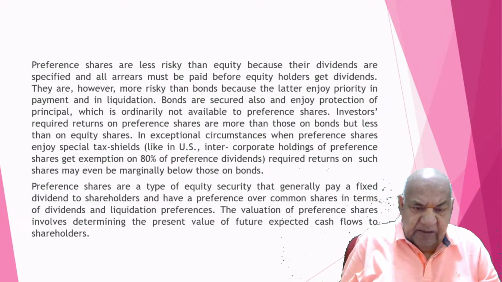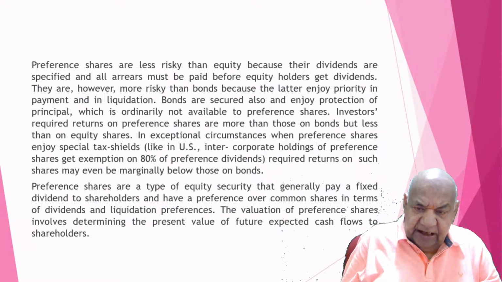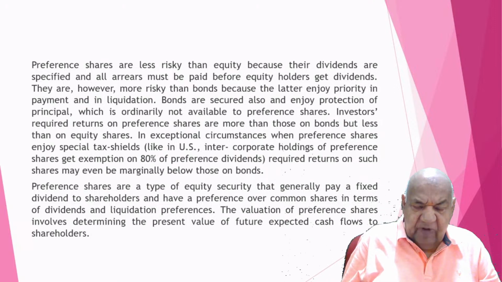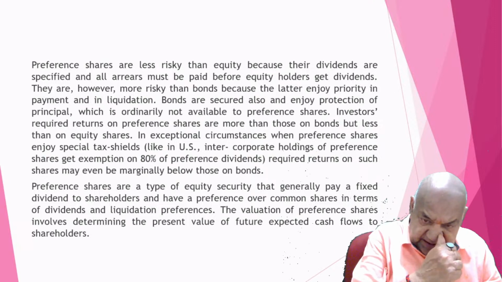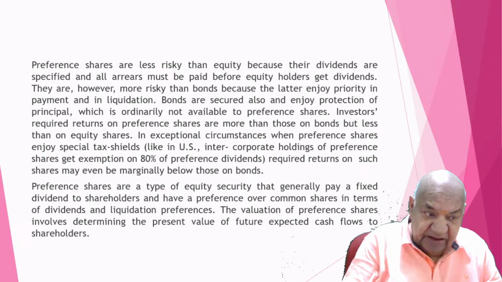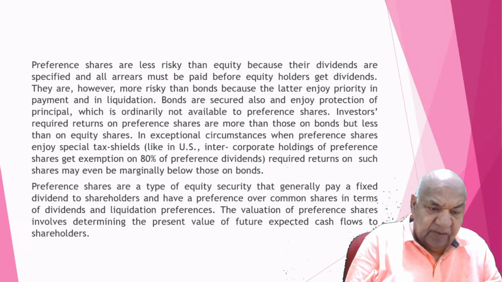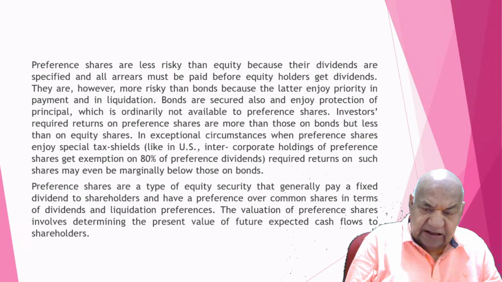Preference shares are a type of equity security that generally pay a fixed dividend to shareholders and have a preference over common shares in terms of dividends and liquidation preferences. The valuation of preference shares involves determining the present value of future expected cash flows to shareholders.